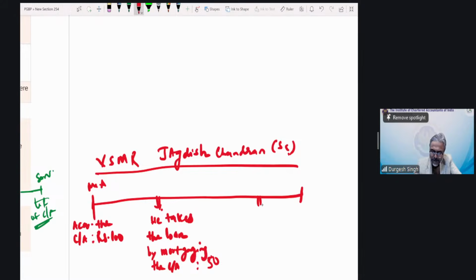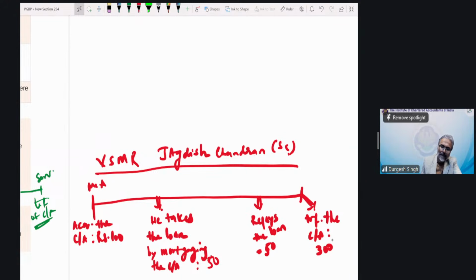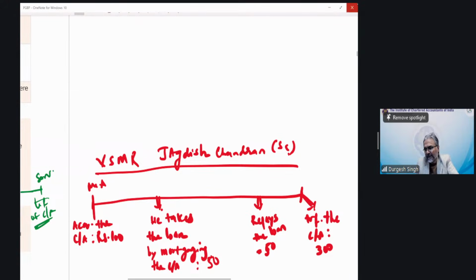Then, students, he repays the loan, 50. And after that, he transfers the capital asset, say for 300. He is transferring the capital asset for 300.